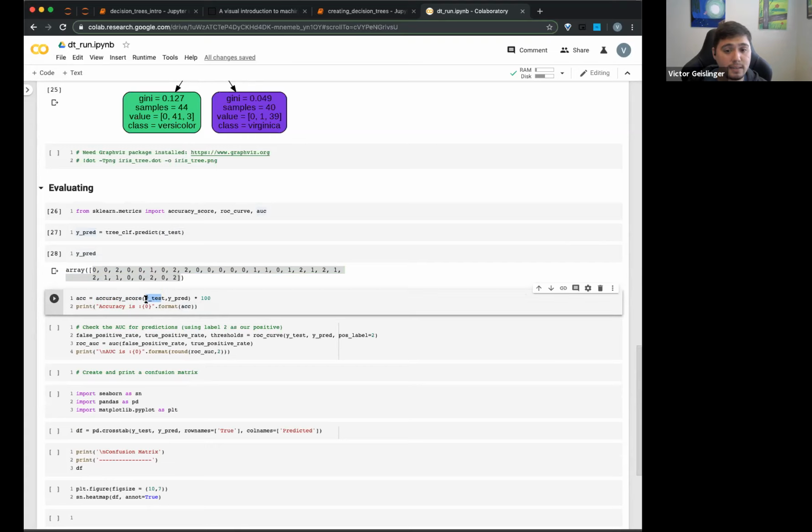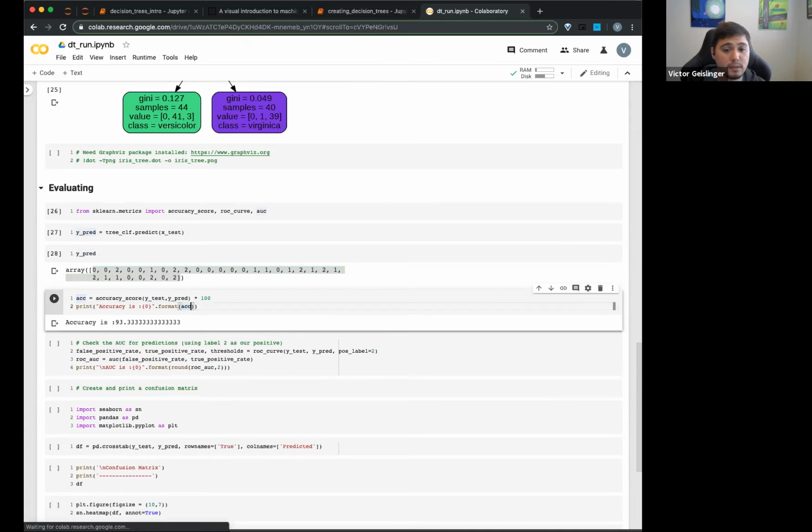Here I have my y_test, the true labels, versus my y_pred, and we see how it performs. It does pretty decently, 93%, so pretty good. But remember, percent accuracy is not the whole story. Our accuracy of 100% would be really nice, but it got some wrong, so what things did it get wrong?